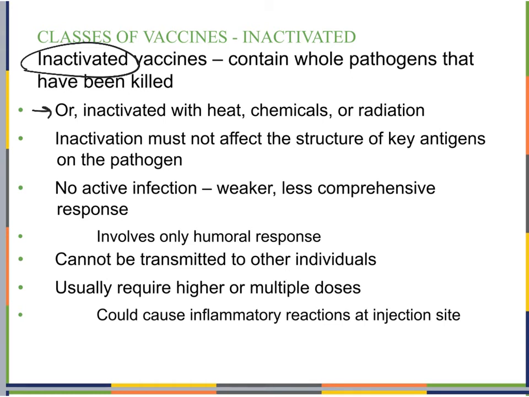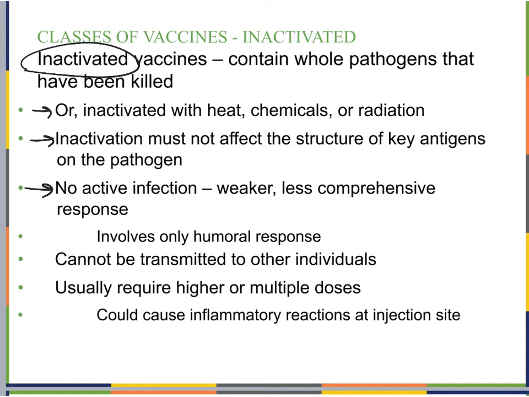Or we can inactivate it with heat, with chemicals, or radiation. So basically we go in and we kill or inactivate its ability to function. Now, inactivation can't affect the structure of those key antigens on the pathogen, though. So depending on the pathogen, we may have different ways of killing or inactivating a particular pathogen based on its key antigens.